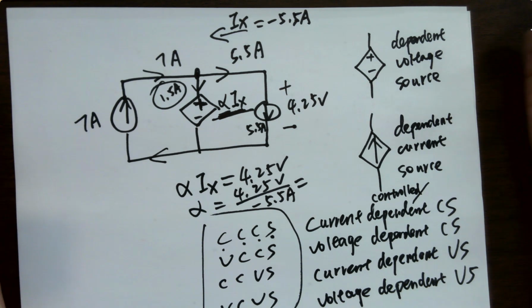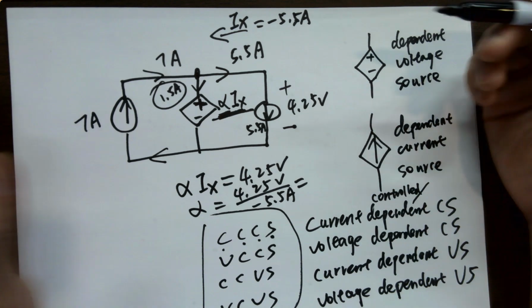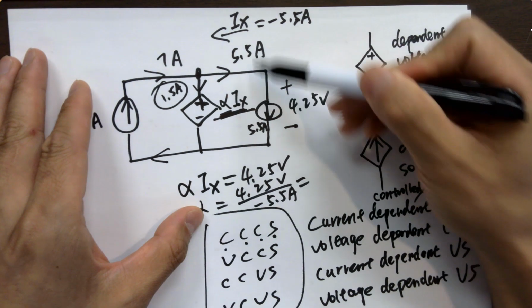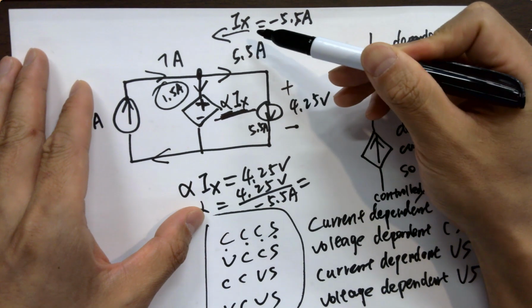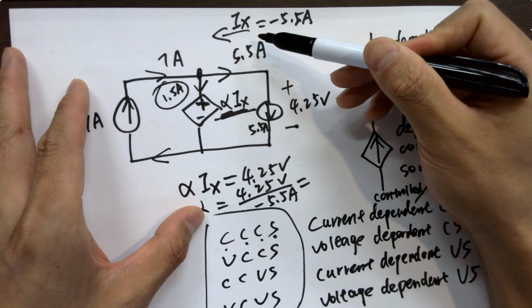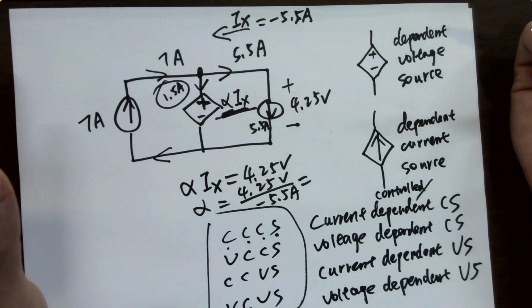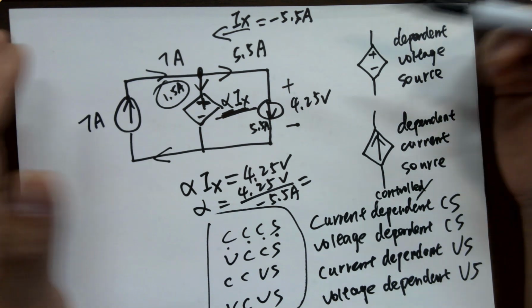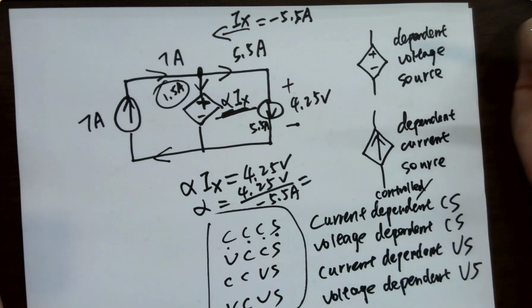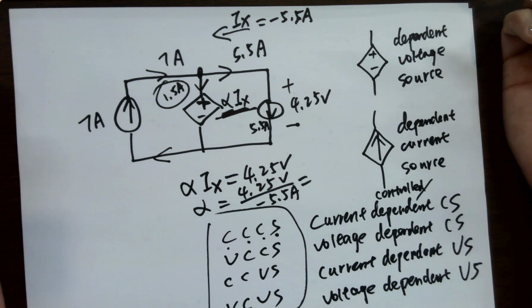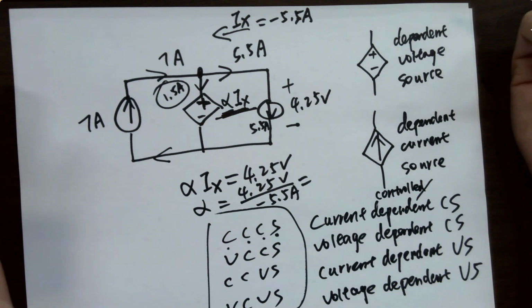It depends on what the problem tells you. If they tell you it's alpha Ix, you just have to find out where Ix is first. Like I said, a lot of times they probably don't make any sense because they just made it up.